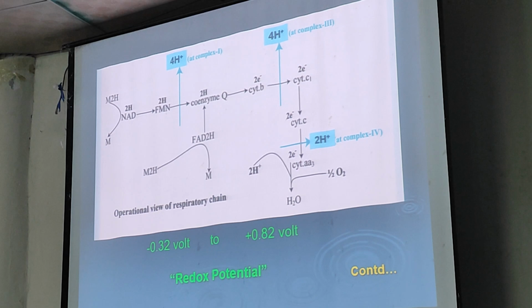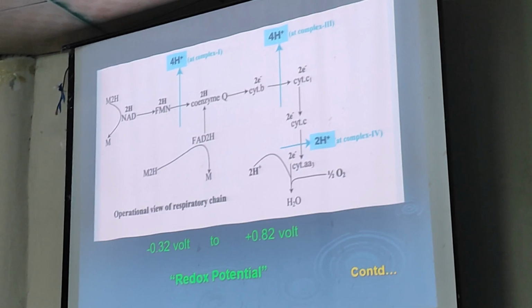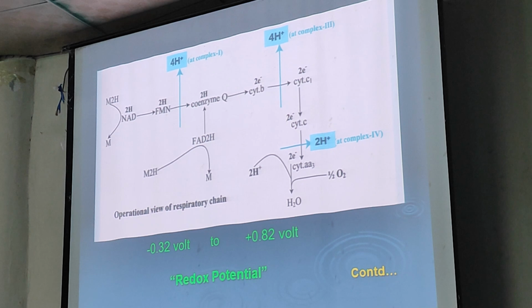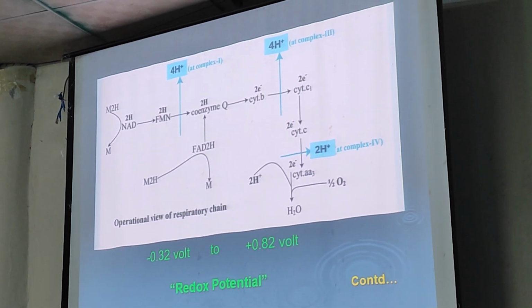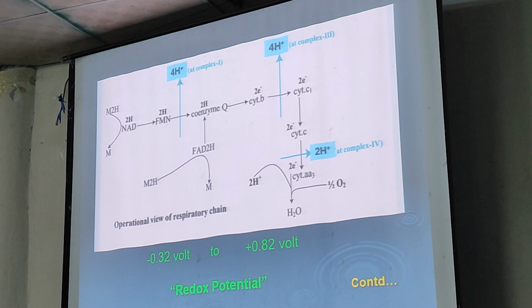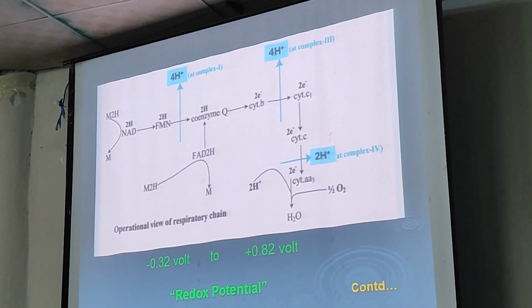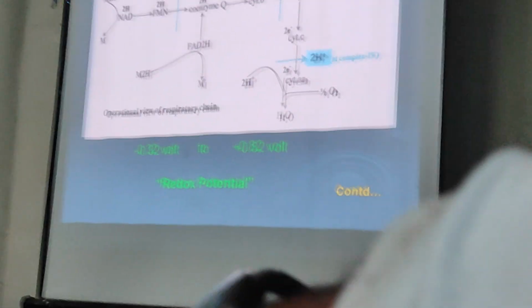So in each and every step of biological oxidation, there is an oxidation reduction drama. One gets oxidized, another gets reduced. So the earlier component gets oxidized, the subsequent component gets reduced. So this oxidation reduction drama continues, and during this oxidation reduction drama, there is release of energy.